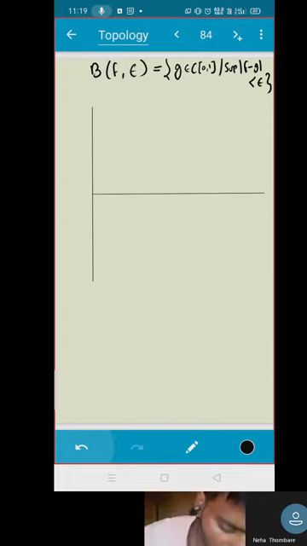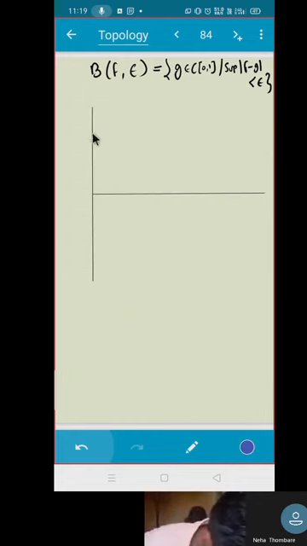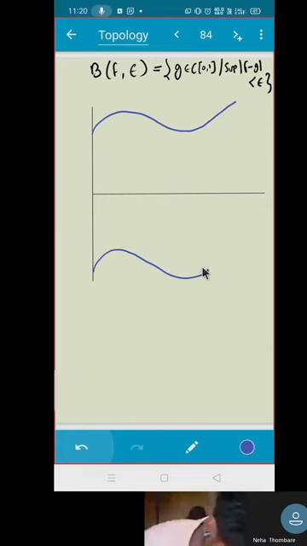But here, what do you think the bound would be? f plus epsilon, f minus epsilon. Very good. This is your f plus epsilon and this is your f minus epsilon. Is that clear to everyone?